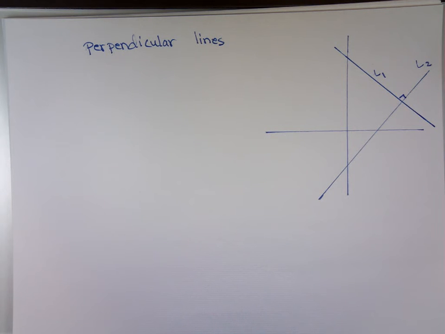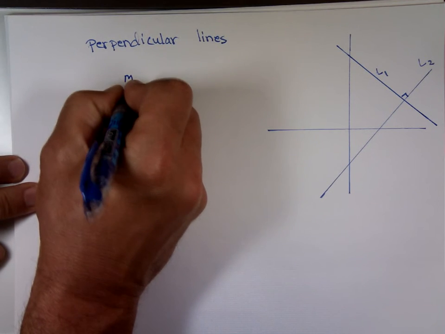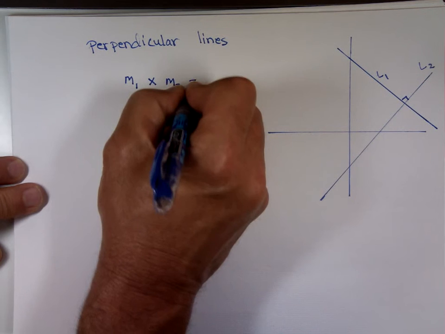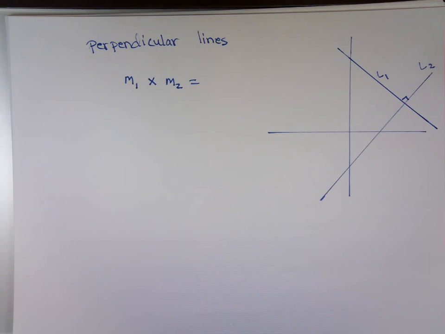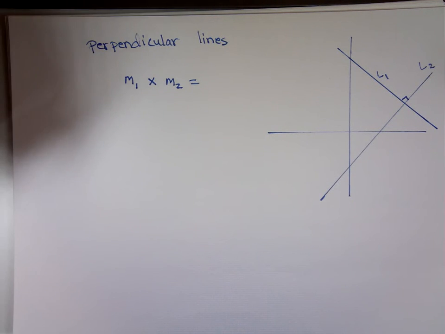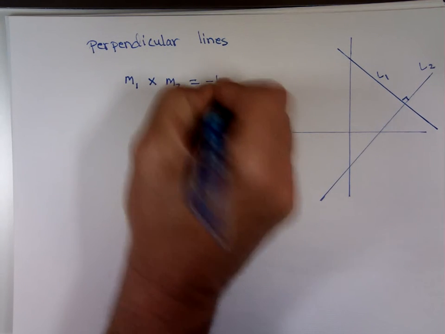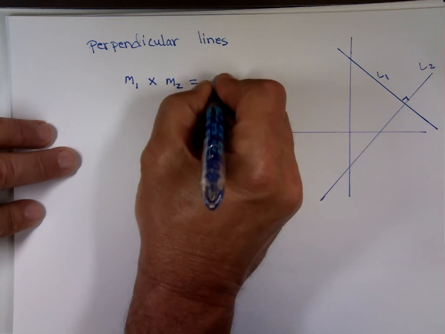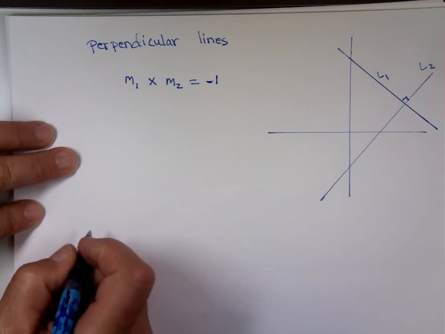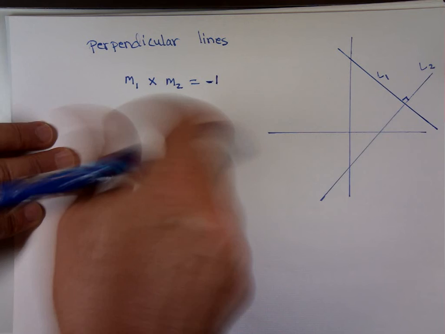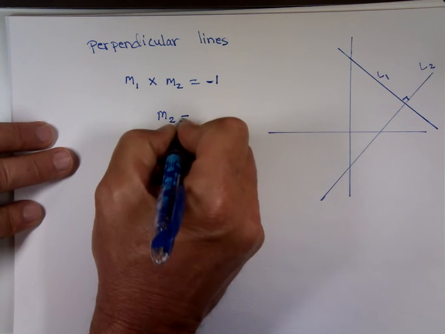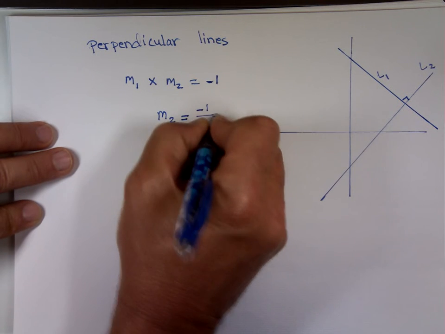But we found out if you take the slope of the first line and multiply it by the slope of the second line, guess what the answer is always going to be? -1. So if you rewrite that equation, the slope of the second line is always -1 over the slope of the first line.